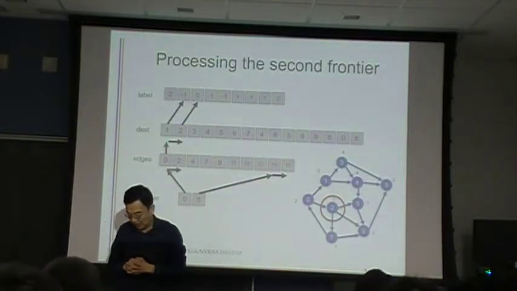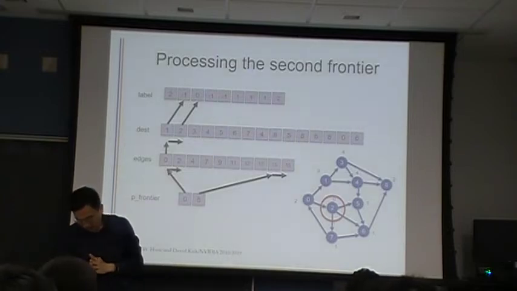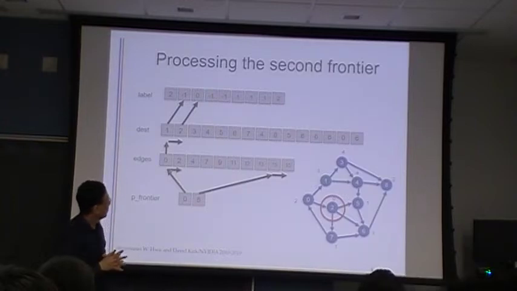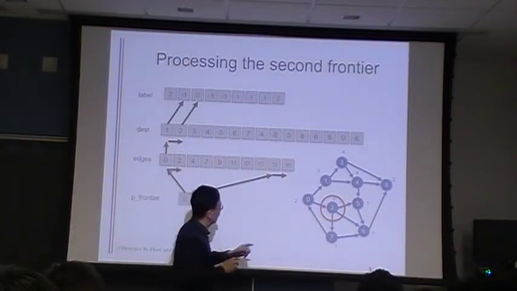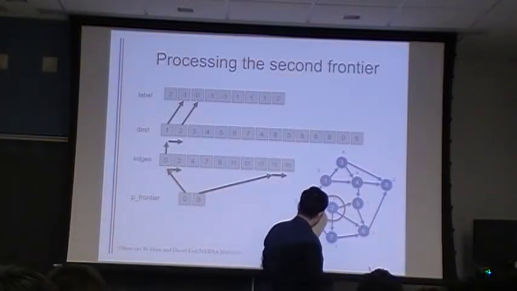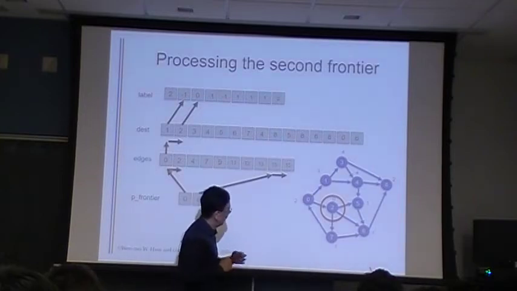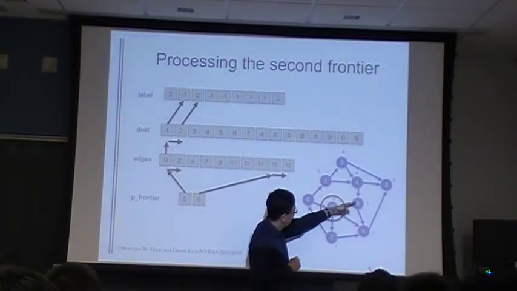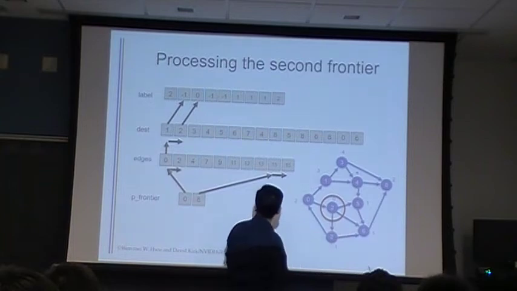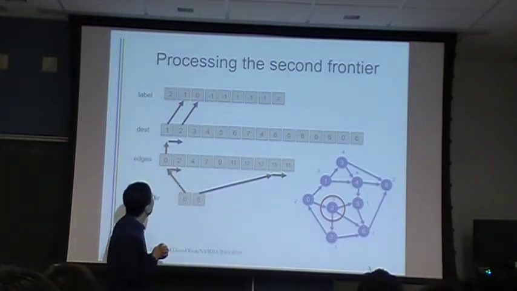So let's say, how do we process frontiers? We start with node 2. We're going to have the first frontier of 5, 6, and 7.